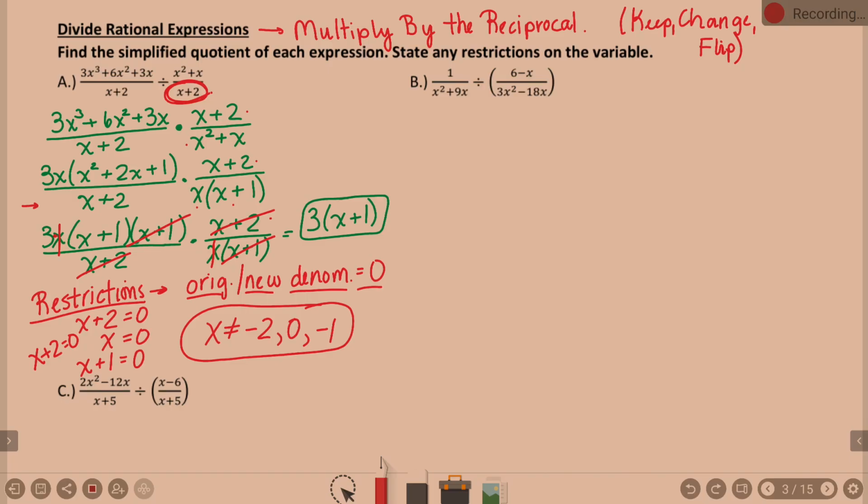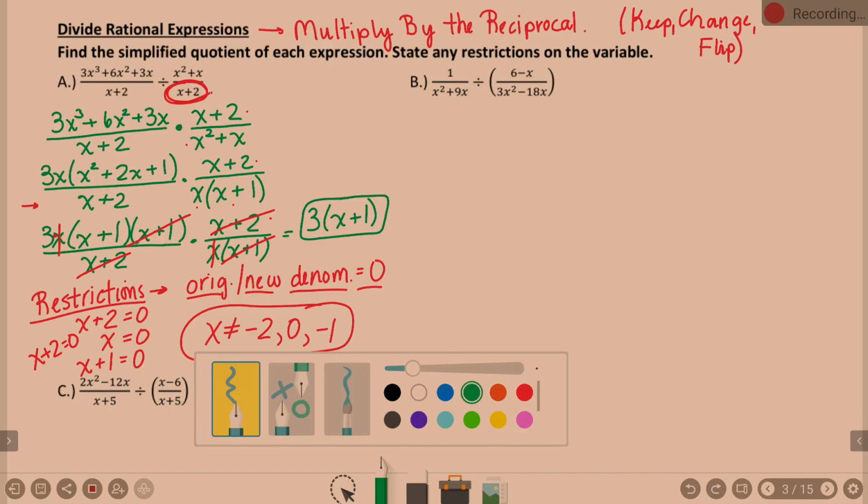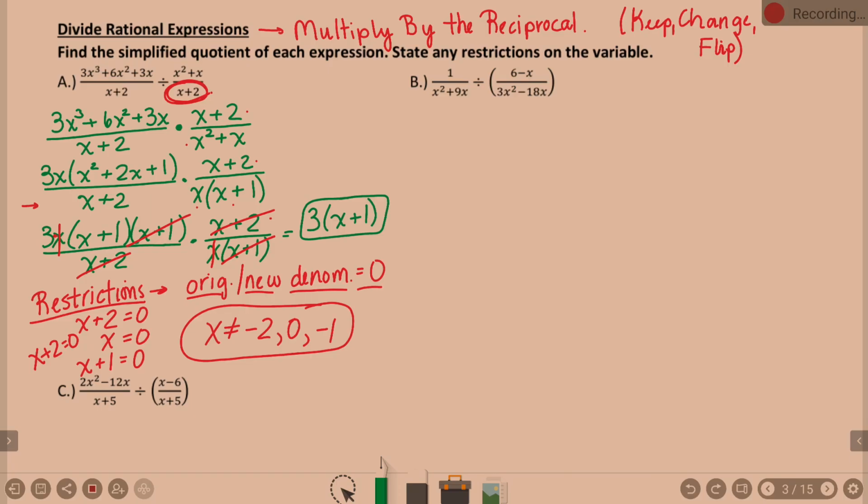Okay, let's look at B. First of all, what do you notice in B? What type of problem is B? It is a division, yes? You've always got to check that. If it's division, start immediately with multiplying by the reciprocal or keep, change, flip.